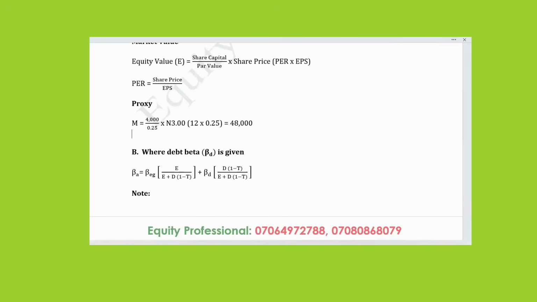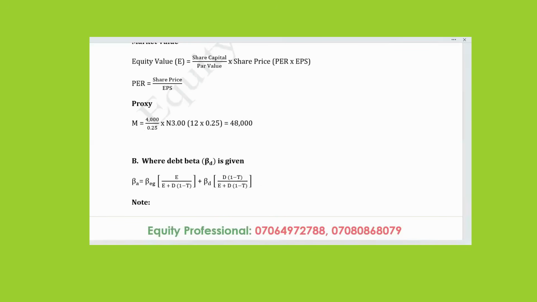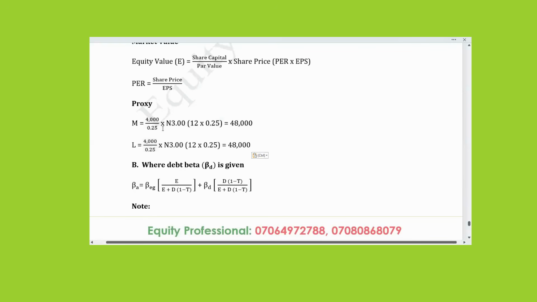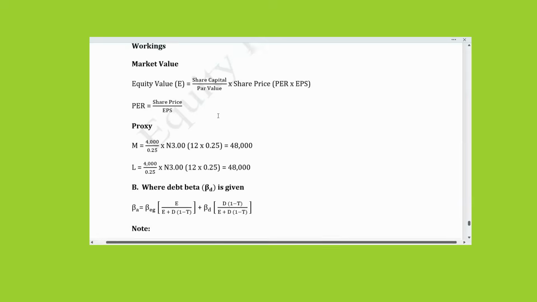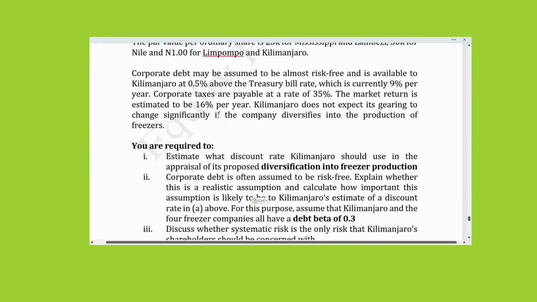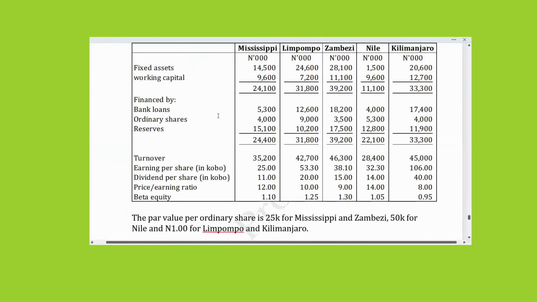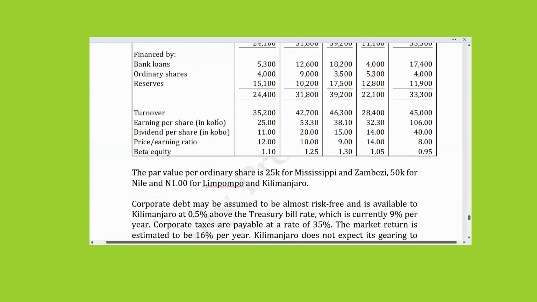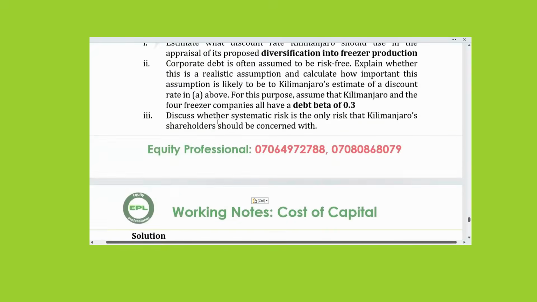All right. Next one, Limpopo. Let's copy this. For Limpopo, I will then go back to the question. What is the share capital of Limpopo? According to the question, Limpopo has 9,000 share capital. Then what is the par value of Limpopo? 1 naira is the par value.